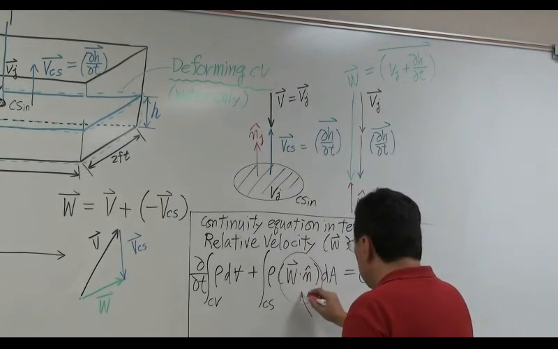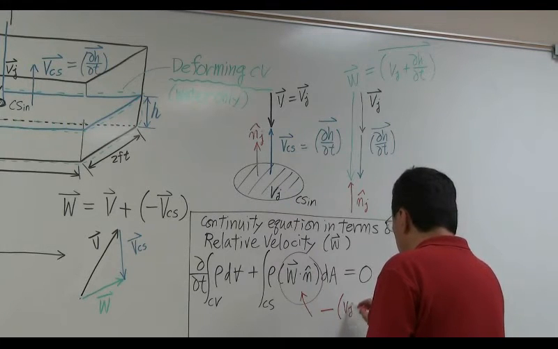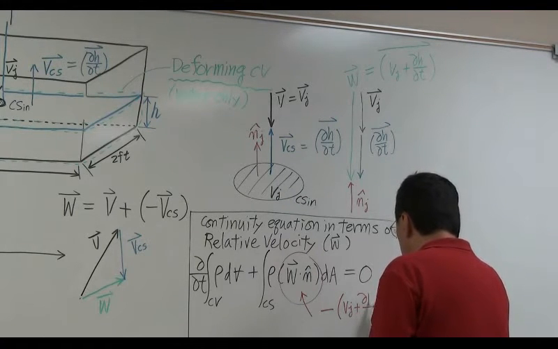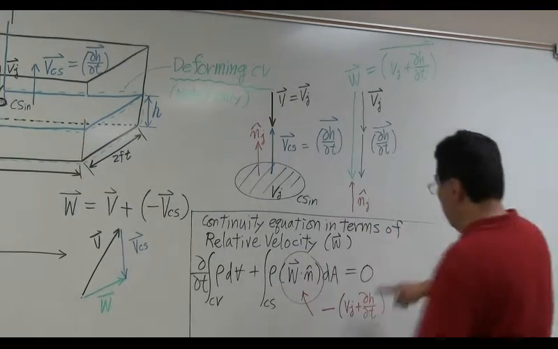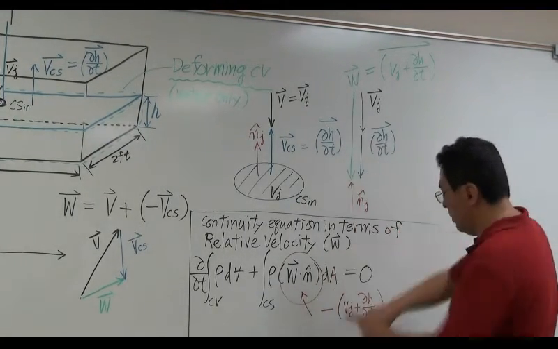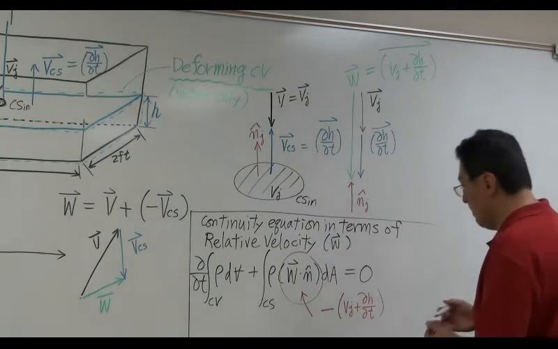So this is going to get you minus of Bj plus dh dt. Negative because they are opposing each other, and then this is the magnitude of W.